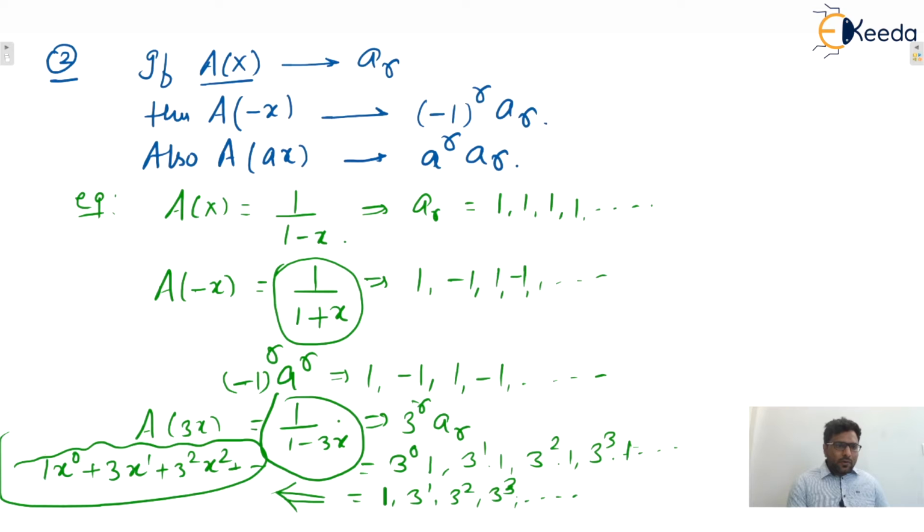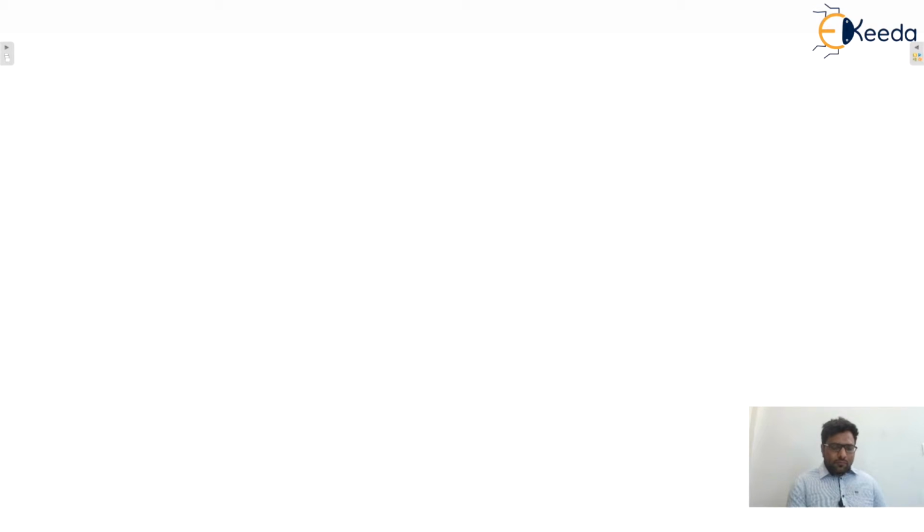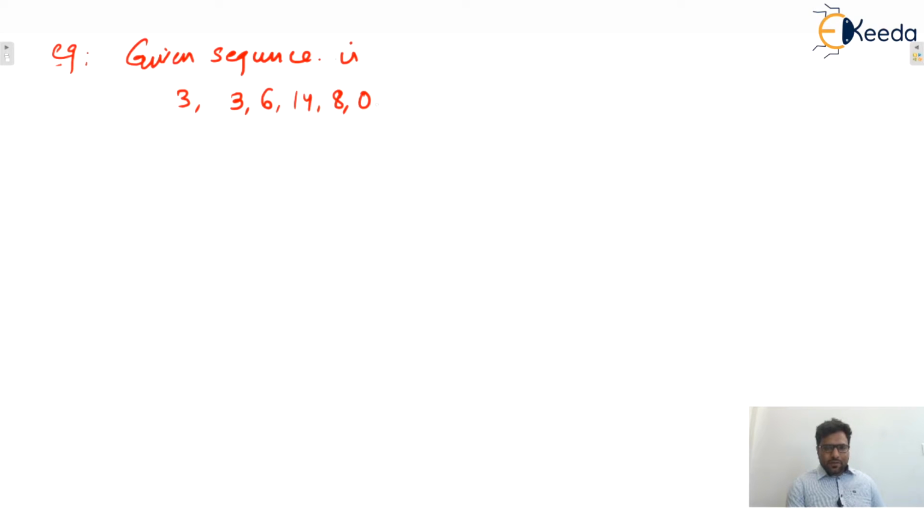Okay. Write down the next example. Let's say the given sequence is 3, 3, then 6, then 14, then 8, then 0, 0, 0, 0.